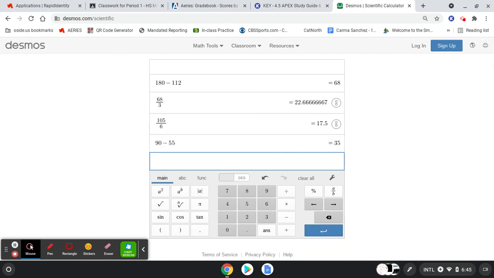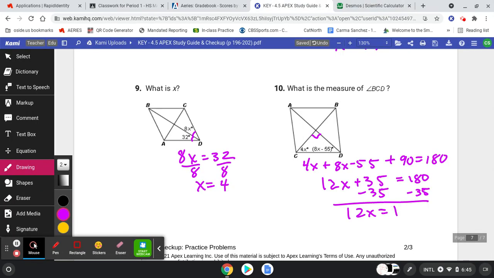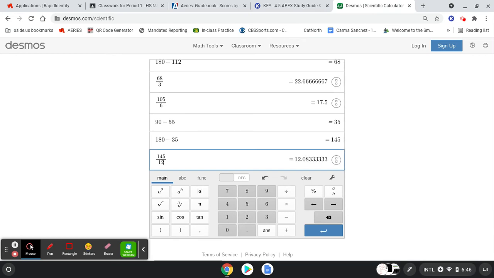So there's where we got the 35. So it's going to be 145. And then we divide by 12 and get that x is approximately 12.08. You see how I rounded there?